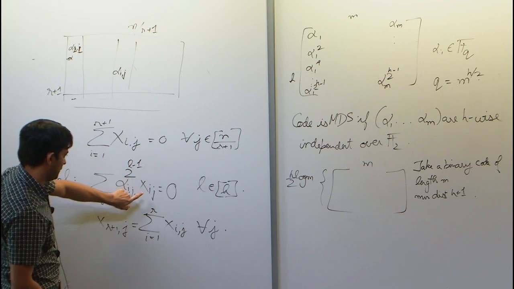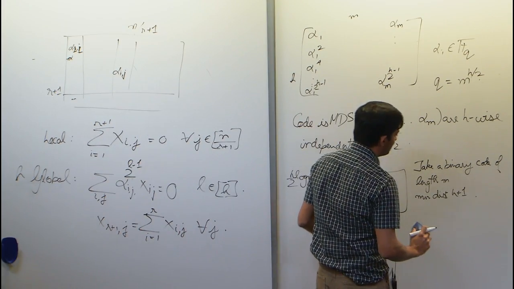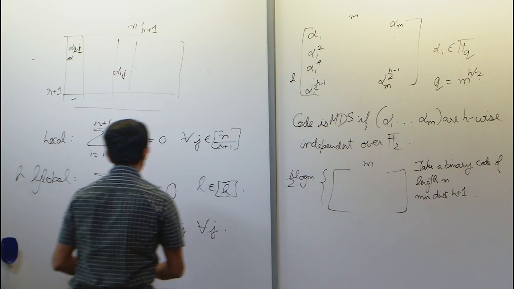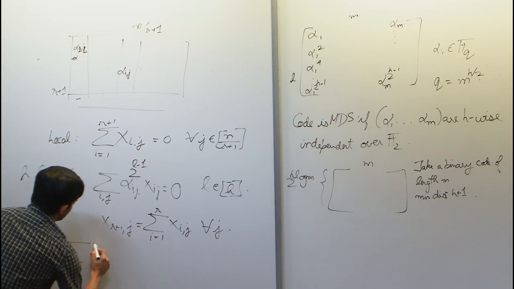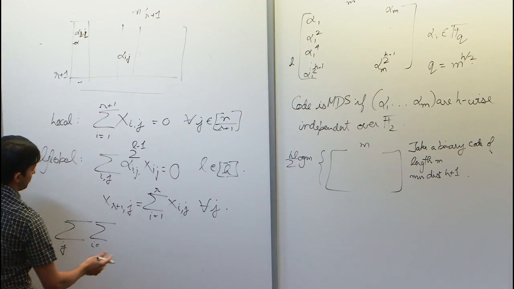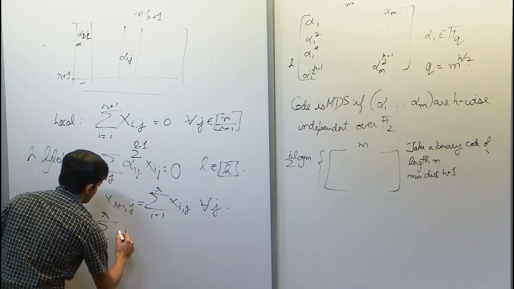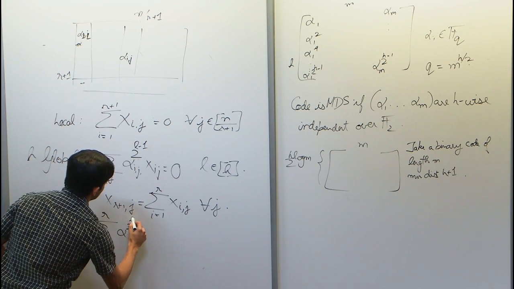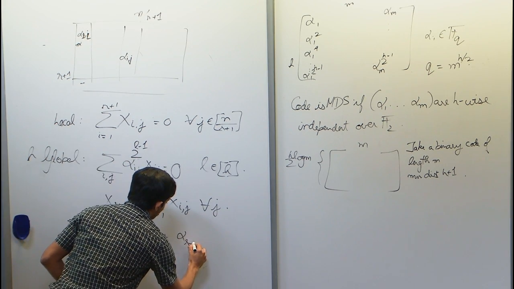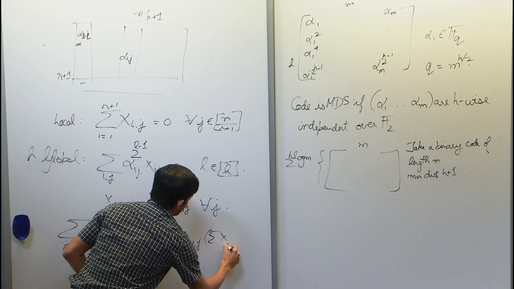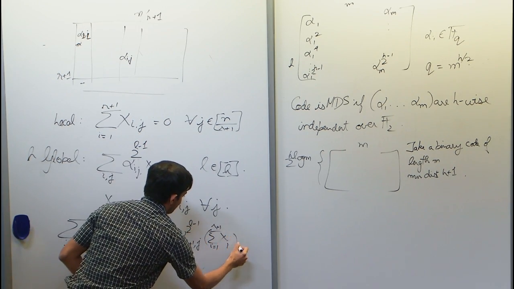I'm taking this equation, I'm putting it into this thing here, and I'm tempted to write on the wall because it will be most convenient, but maybe I should write down here. Right? So I have this summation over j, summation over i going from 1 through r plus 1 of this quantity, where what I do is I write it now as a summation of i going from 1 through r, alpha ij, 2 to the L minus 1, xij, plus alpha r plus 1, j times summation x i j, i going from 1 through r plus 1, raised to the power 2 to the L minus 1.